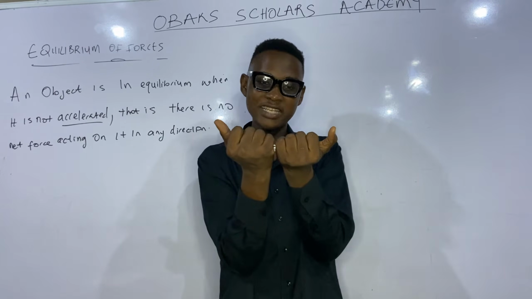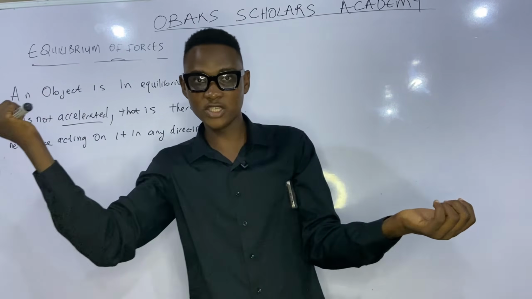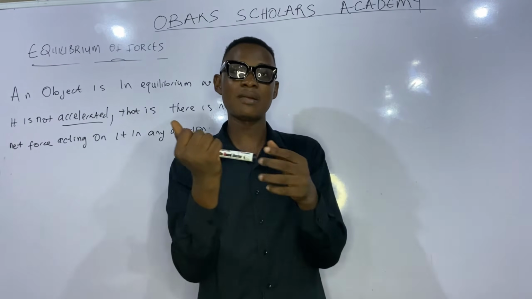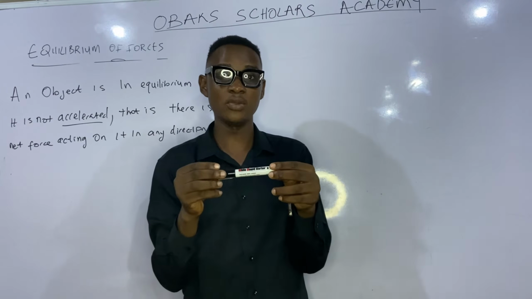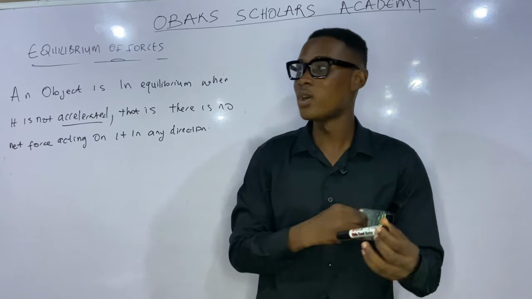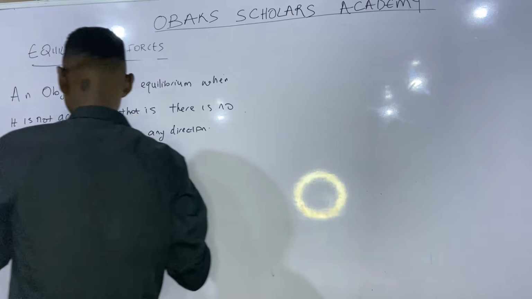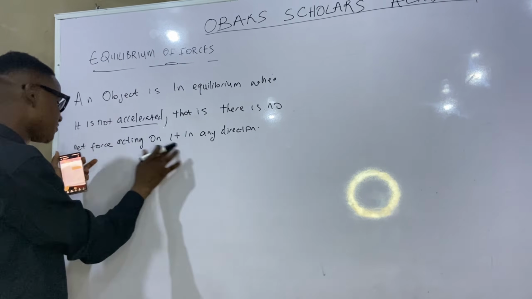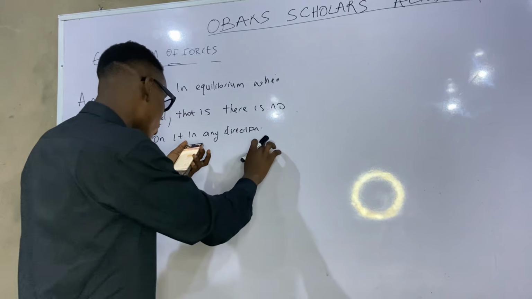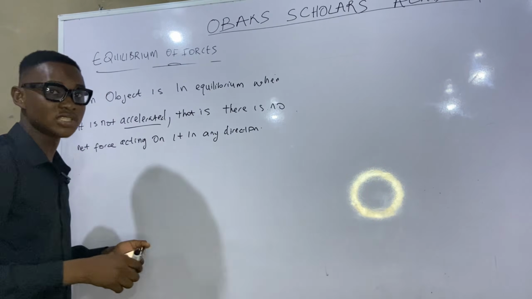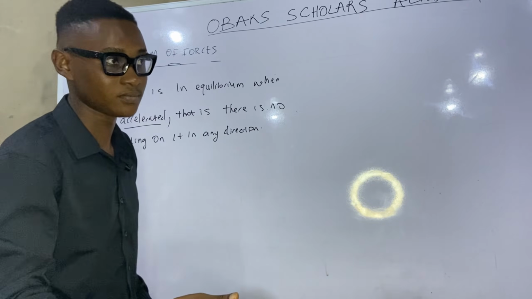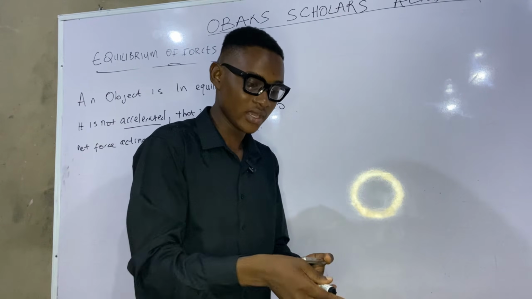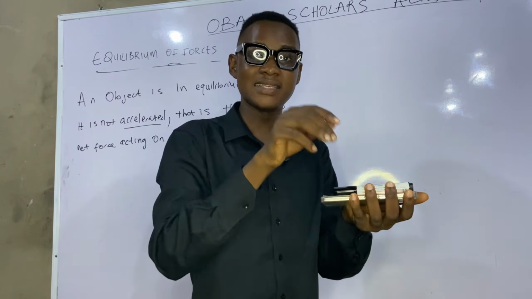But as I let go of one hand, this marker will go this way. And if it is moving, that means this marker is no more in equilibrium. So an object in equilibrium is not accelerated, and also there is no net force acting on it in any direction. That body might either be at rest. For example, if this marker is here, the marker is at rest.